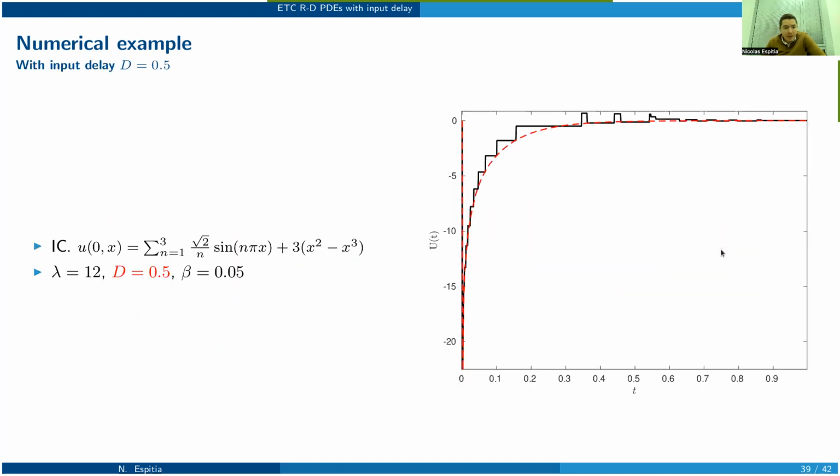Okay. And now, if we consider time delay 0.5 units of time, again with the same initial conditions and the same reaction parameter, we close the loop again, and we can see first that the control effort is higher than in the delay-free case, and also we can see the event triggered control, which is updated aperiodically.